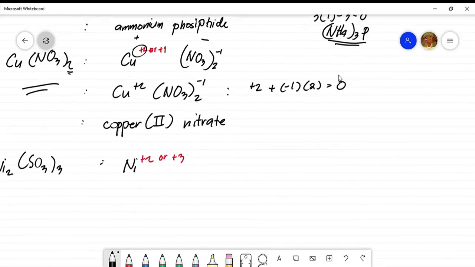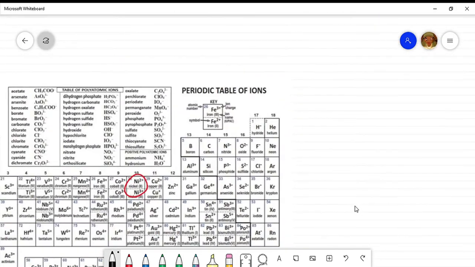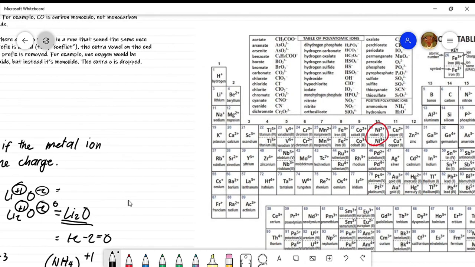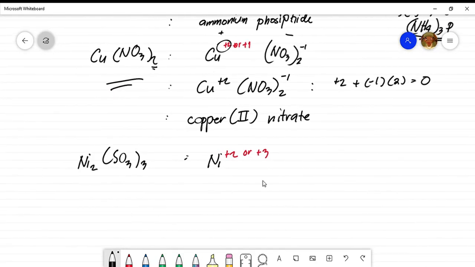And this SO3 is sulfite, and it's negatively charged, 2 negative.